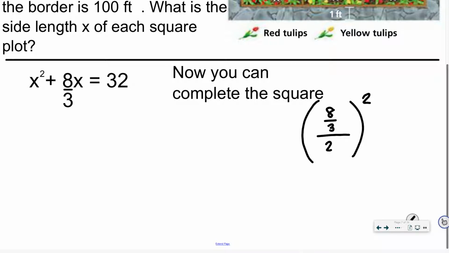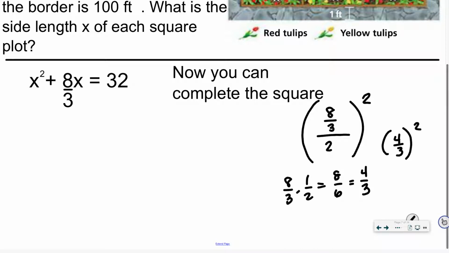How would I do 8/3 divided by 2? Yeah, 8/3 times 1/2, which would be 8/6, which we could reduce to 4/3. So really, this becomes 4/3 squared. What is 4/3 squared? It would be 4 times 4 and then 3 times 3, so this would be 16/9.